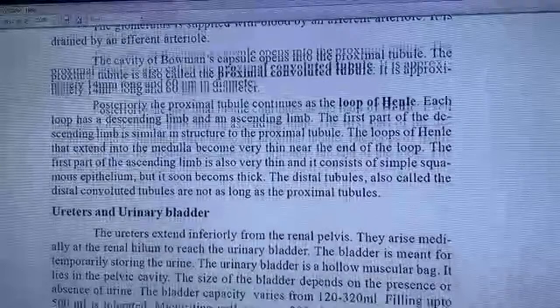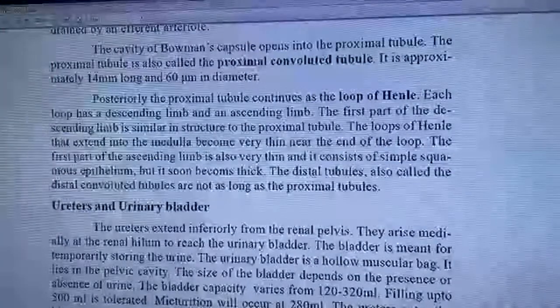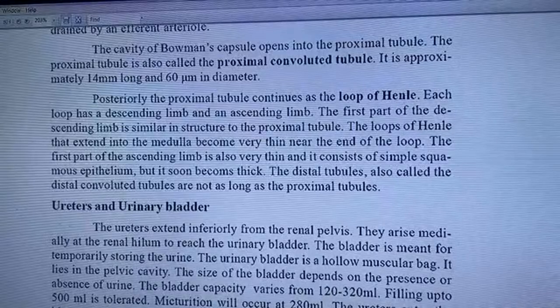The cavity of the Bowman capsule opens into the proximal tubule. The proximal tubule is also called the proximal convoluted tubule. It is approximately 14 millimeters long and 60 micrometers in diameter. Posteriorly, the proximal tubule continues as the loop of Henle. Each loop has a descending limb. The first part of the descending limb is similar in structure to the proximal tubule.